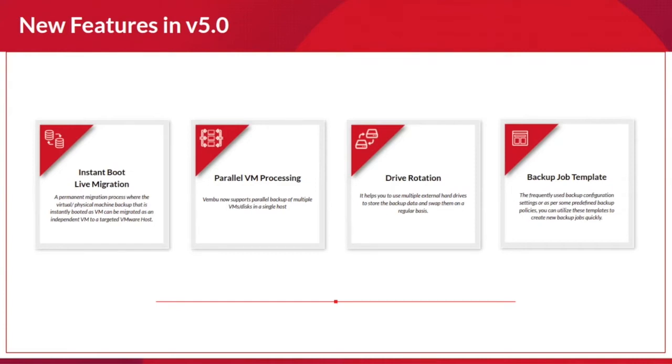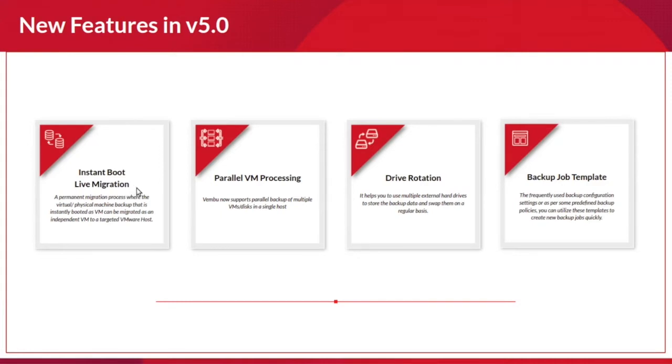The main features are, the first is instant boot live migration. Vembu has an option called instant boot. If you take a backup of your physical or virtual machine and something goes wrong, you can perform this instant boot. That means the data will get booted from the backup storage repository itself.